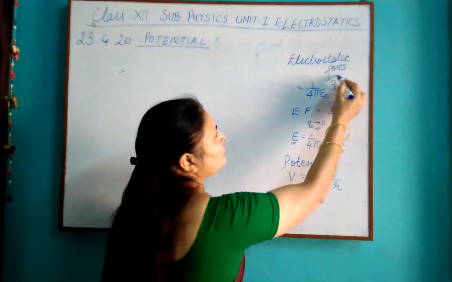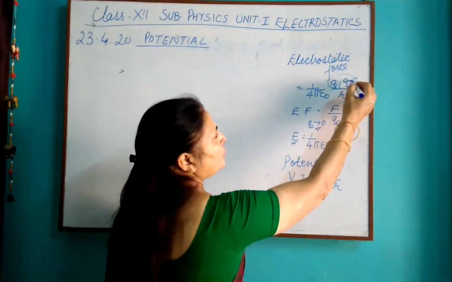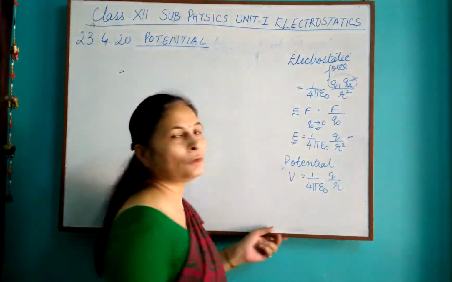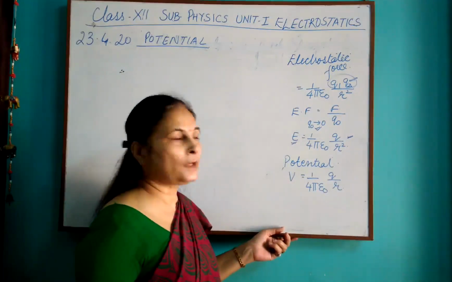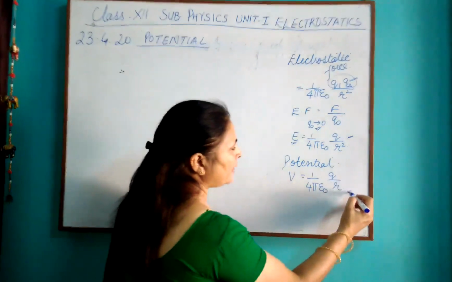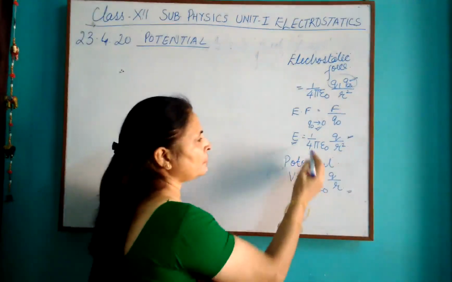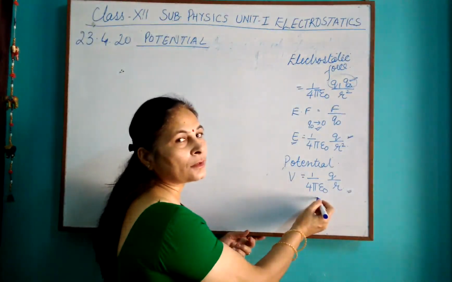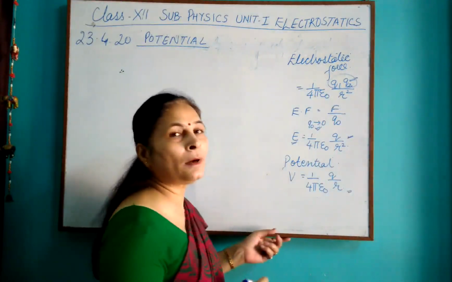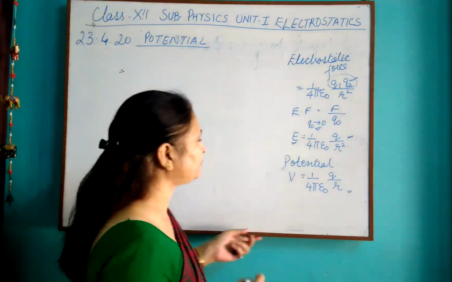See, here there are two Q. So one of the Q vanishes when we come to electric field, and one of the R vanishes from here when we come to potential. So in this way you can remember the formulas.